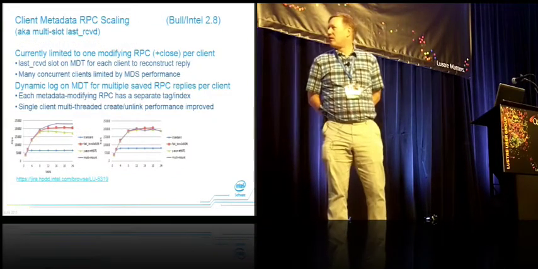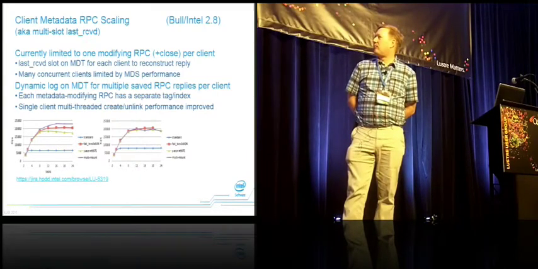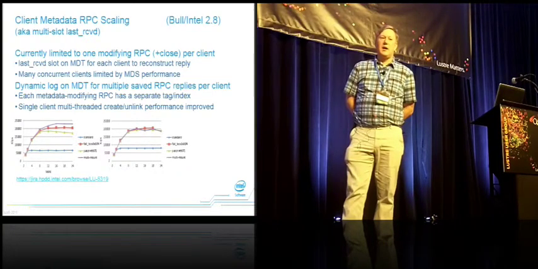As well, in addition to the I/O performance, there's improvements in the metadata performance, and so the metadata RPC scaling originally was designed, like I said, for single core machines. So you had one thread that could do creates and unlinks.